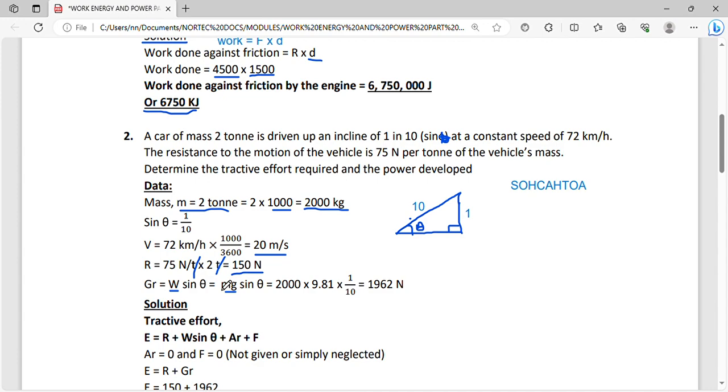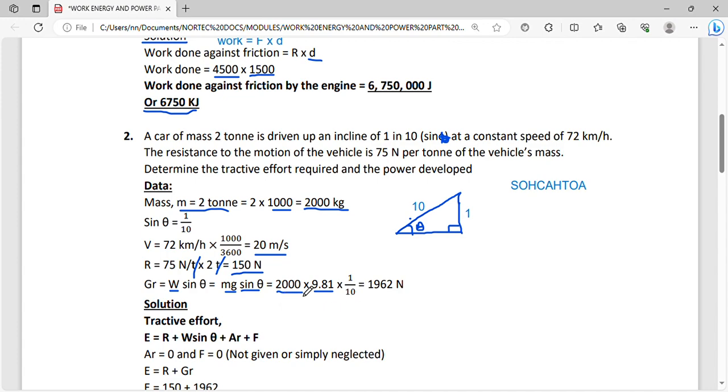The mass is 2 tons. In that case, we're not going to use the 2 tons, we use the one with the SI unit, so we use 2000 by g, where g is 9.81. Then here, this is the one I was trying to emphasize. The whole sine theta equals 1 over 10, so where we have sine theta, we put 1 over 10.